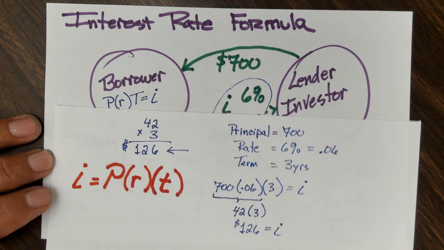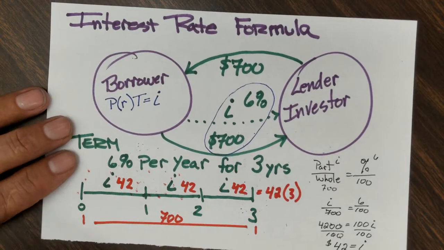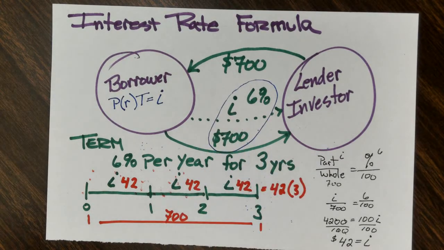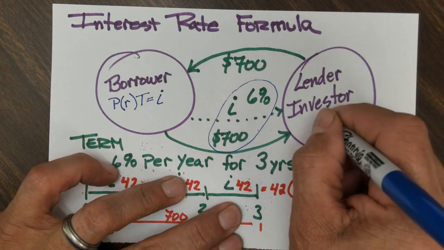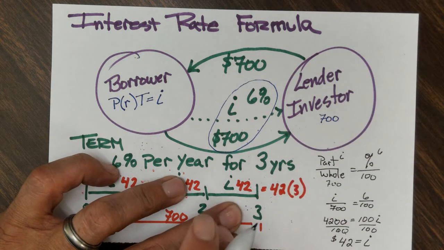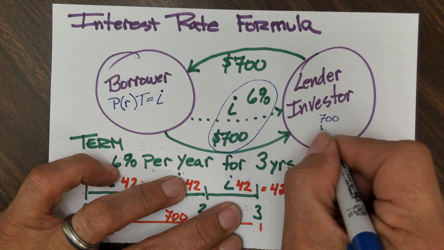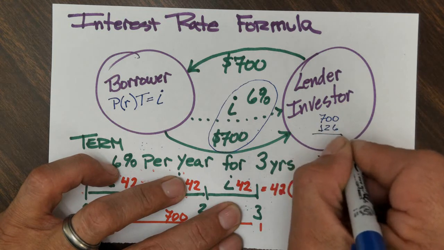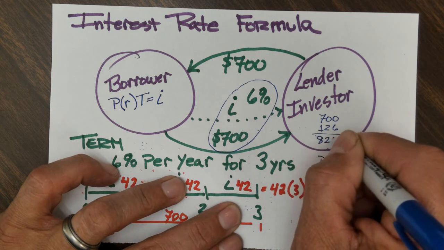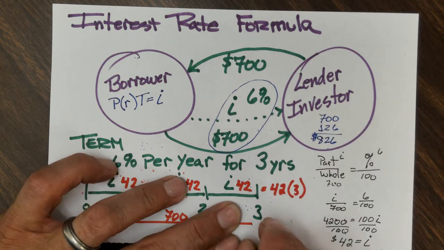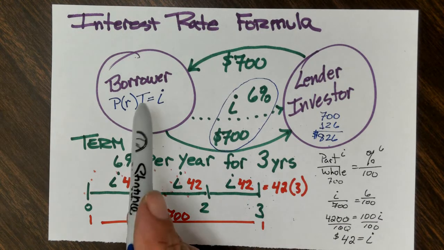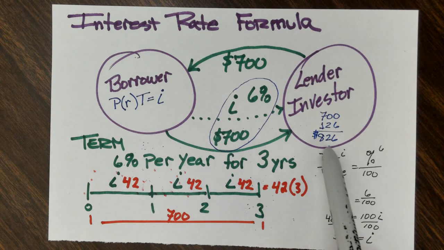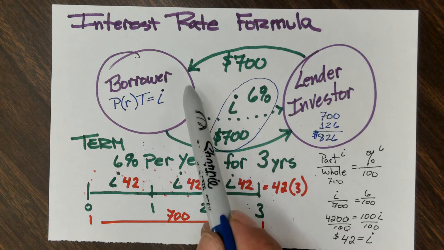This interest, in this case, will be added to the $700, and you'll have to pay back $700 plus the $126 in interest, so $826. This is what the borrower will have to pay back for borrowing $700.